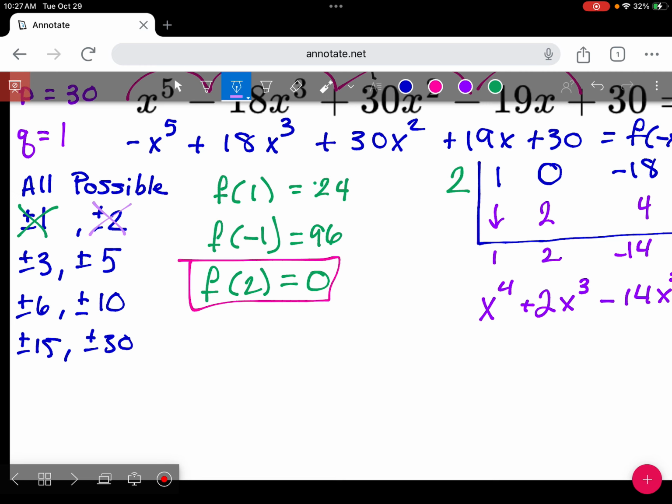So is 5. 6 is not. 10 is not. 30 is not. So we've gone down to 3 options from the 7 that we had left. So we'd eliminate a bunch of things just by looking at that remainder.